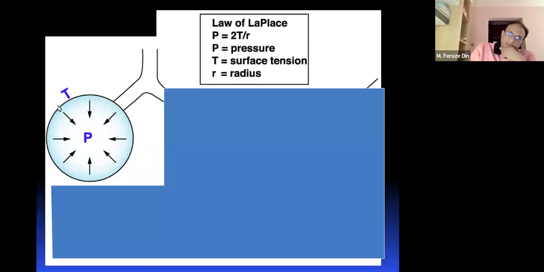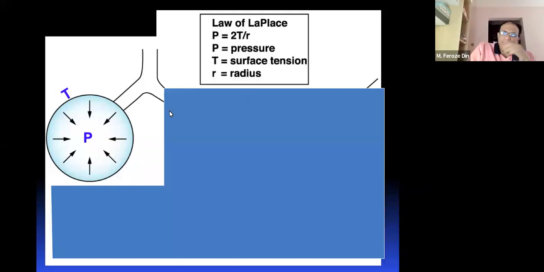So there's a thin film of fluid, and there's a pressure within the alveolus, which is given by 2T over R, where T is the surface tension and R is the radius. Why 2? Because when there's a film of fluid, there'll be a film towards the cell wall side and towards the air side, so you have to multiply by 2.